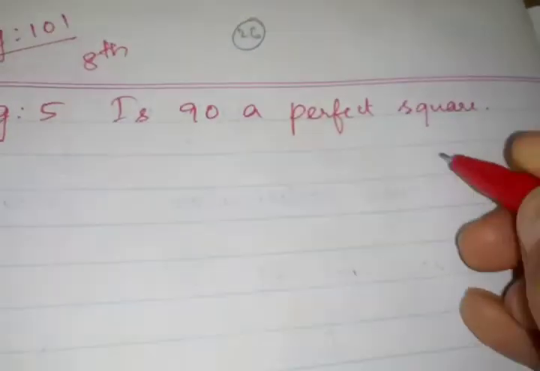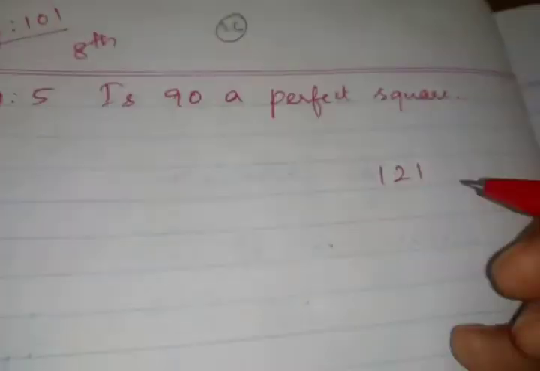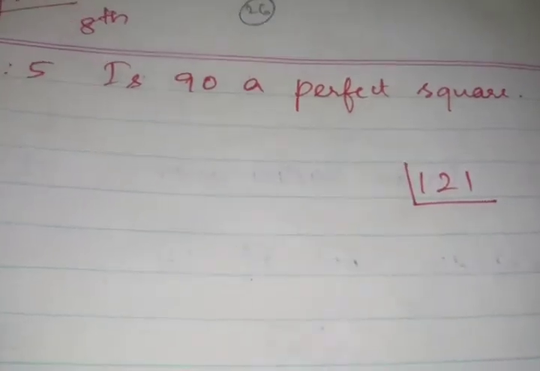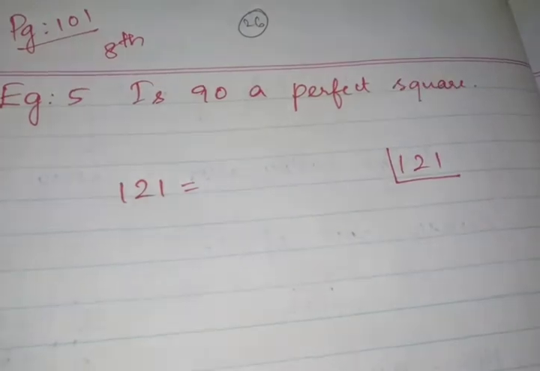See, I'll explain one problem. For example, I am just going to take 121, children. I am doing a prime factorization for 121. We are saying that 121 is a perfect square. Is it correct?